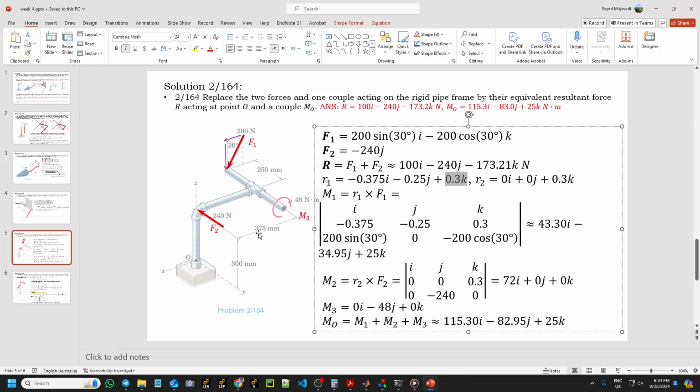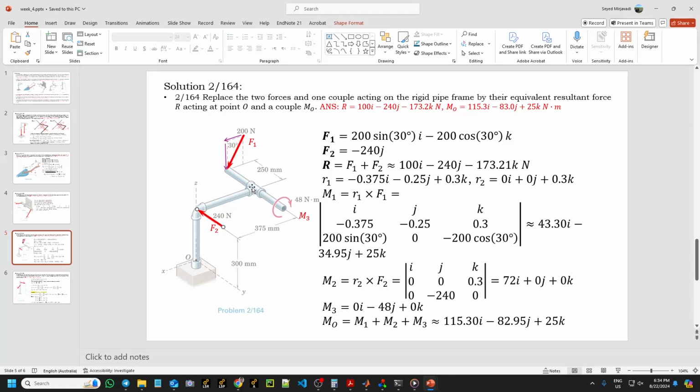So it will be 0.375, and it is directing this way, so it is negative. This is the positive direction, but when we are moving from this point to here, it is negative.